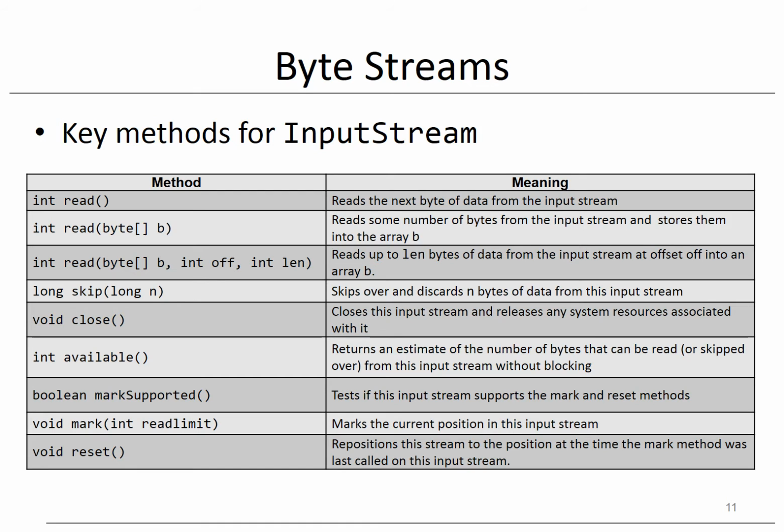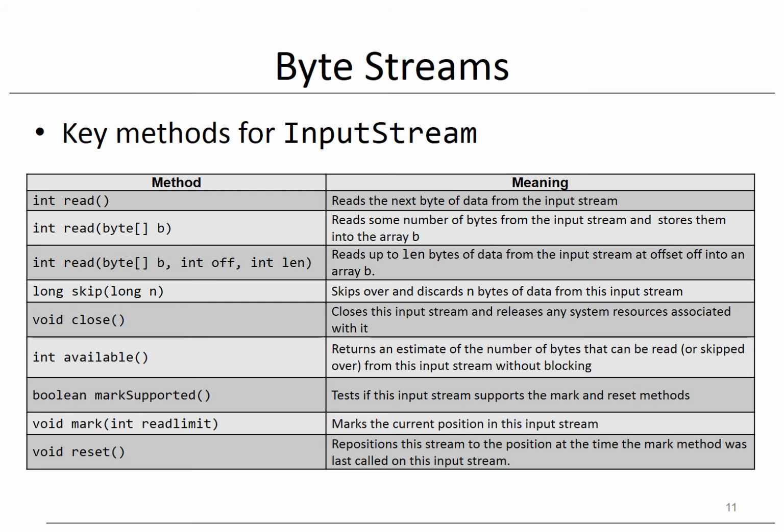It can also be extended with an off and length parameter, as the third method illustrates. This method reads up to len bytes of data from the input stream at offset off into an array b. It returns the total number of bytes read into the buffer, or -1 if there is no more data because the end of the stream has been reached.